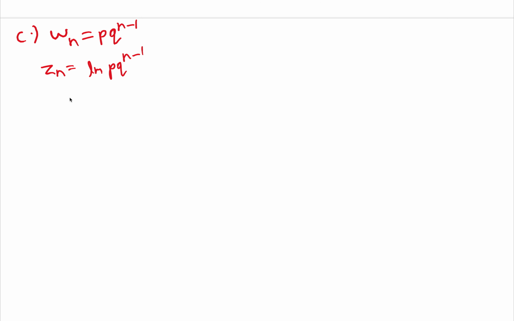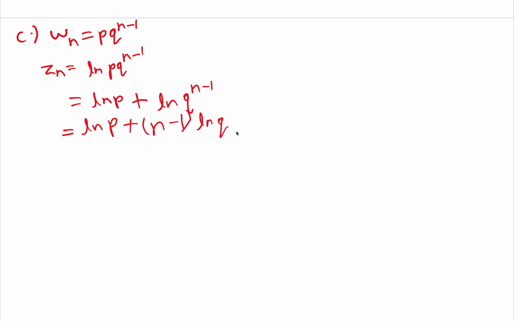I can write this as ln p plus ln q to the power of n minus 1, and from here I can write this as ln p plus, I can bring the power down, so n minus 1 ln q. So now hopefully we can realize that Zn is just an arithmetic sequence with first term ln p and the common difference ln q.